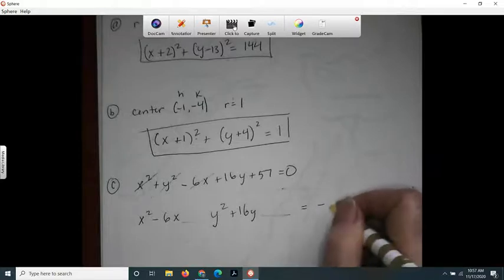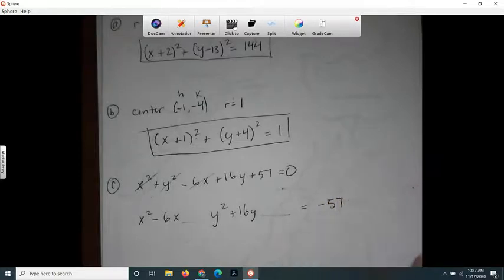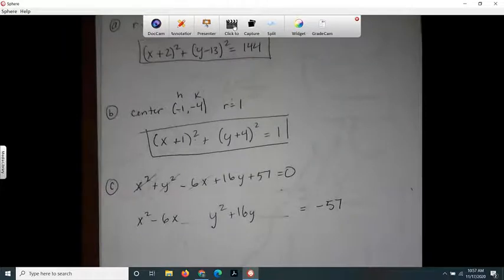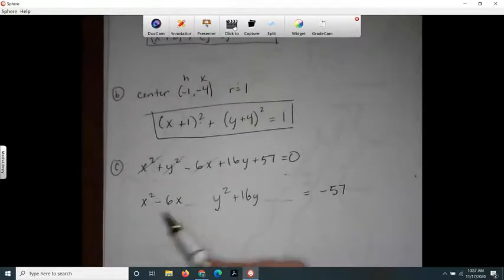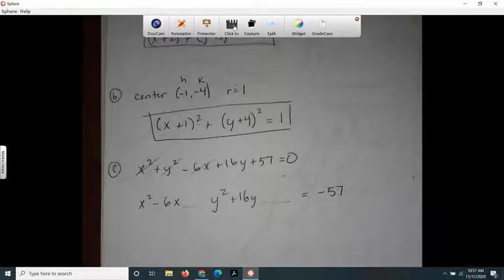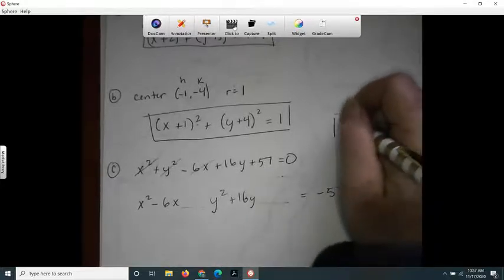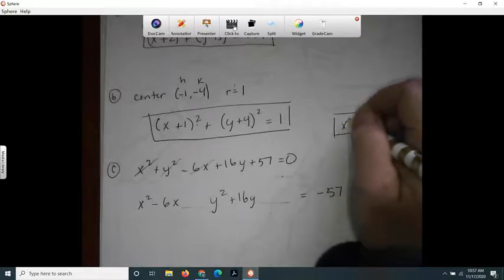Okay, and then I'm going to ask myself what number would complete the square here. I think I'll draw the picture for this one, but then I won't draw it for this one. So to complete the square, we've got x squared, and we've got minus 6x.